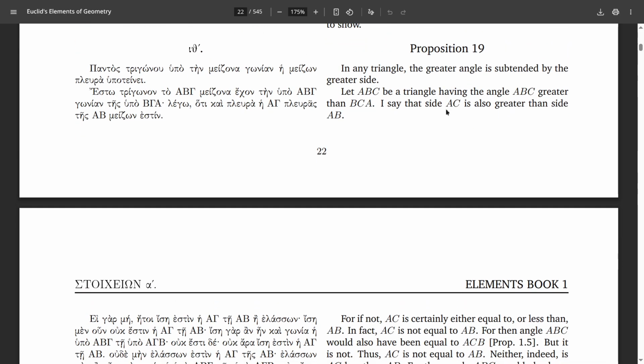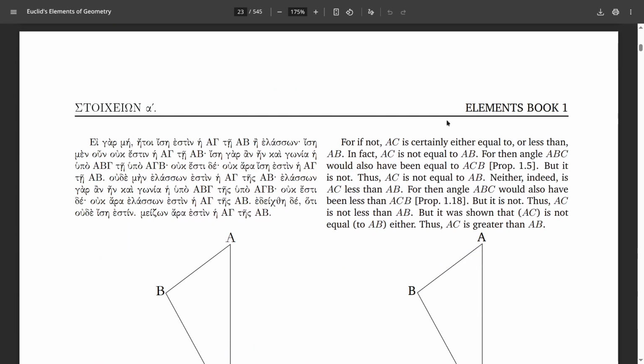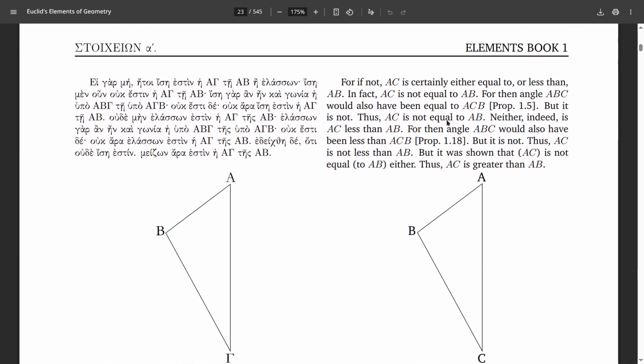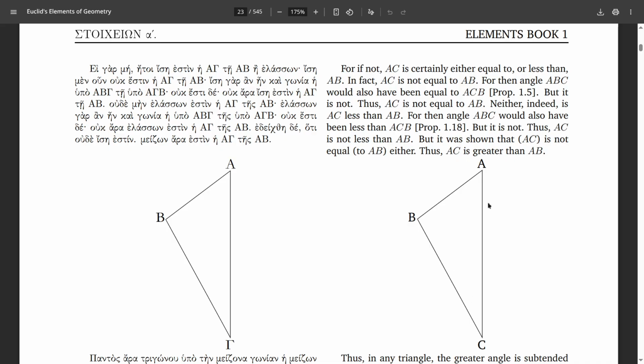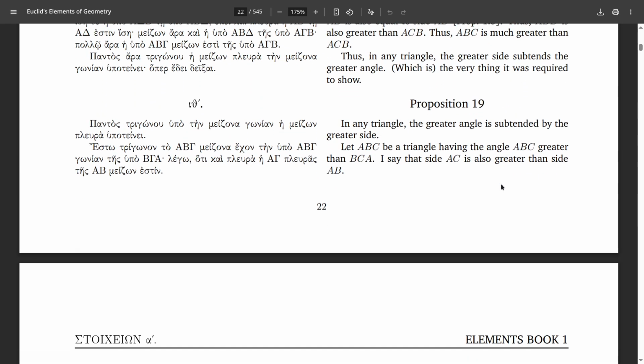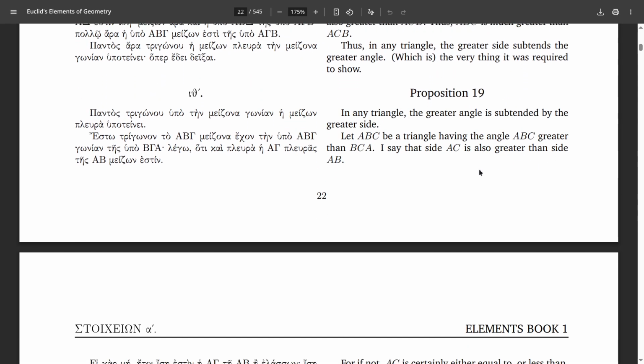Okay, let's go to 19. In any triangle, let's see what this diagram shows. Alright, so something that's this simple looking might be interesting. In any triangle, the greater angle is subtended by the greater side.